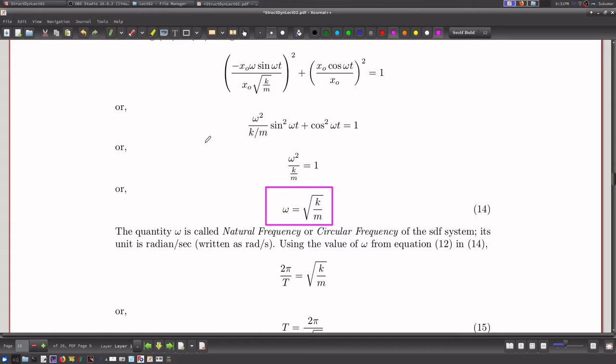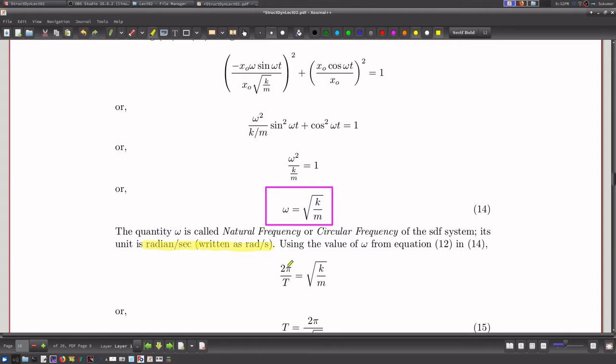And we should also highlight the fact that the unit of this natural frequency omega is measured in terms of angle, in radian per second. The time period of free vibration is the time required to complete one cycle of motion.